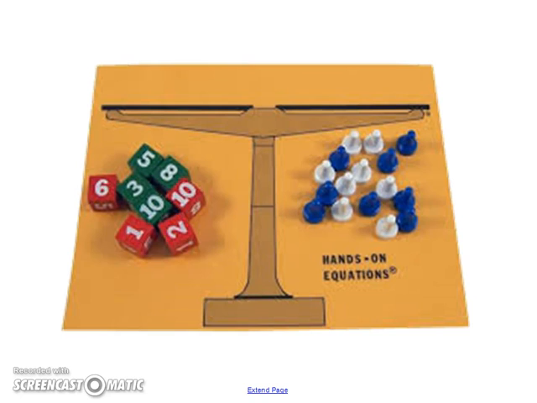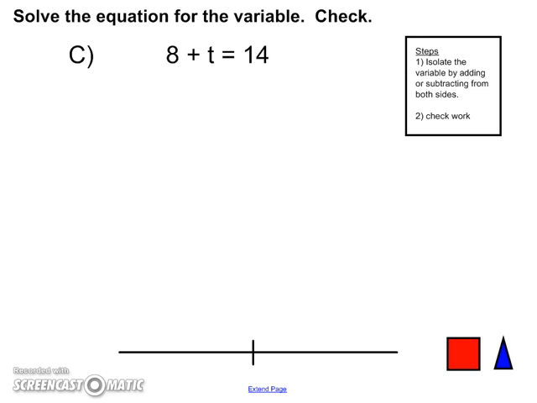Speaking of balance, for those of you who had Mrs. Vogt in 6th grade prior to coming to 7th or 8th grade, or pre-algebra, depending on what class you happen to be in, you, I'm sure, are familiar with hands-on equations. Now, you can use hands-on equations, although I don't give them out at this particular point, but you can still use the idea to help you in the beginning to solve equations.